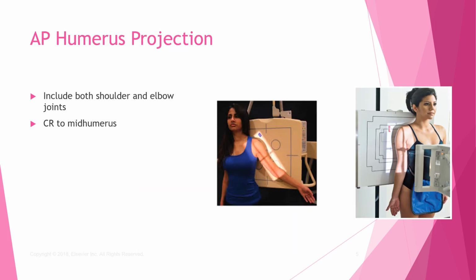When we look at the humerus, it is a long bone, which means that we have to have two images of any long bone, and we have to include the proximal and distal joint. So the proximal and distal joints on a humerus would be the shoulder and the elbow. If we look at imaging of the humerus, the AP humerus is found on page 185.